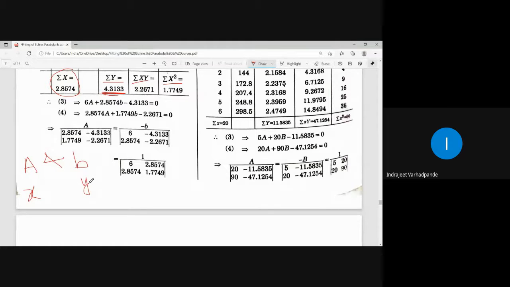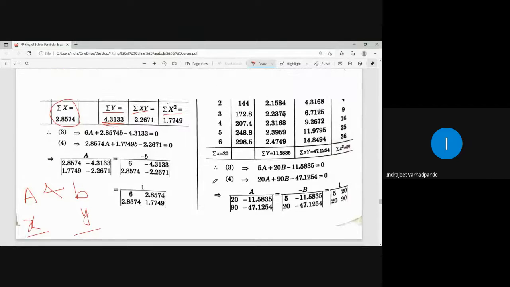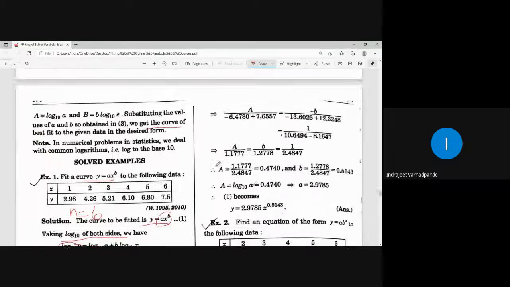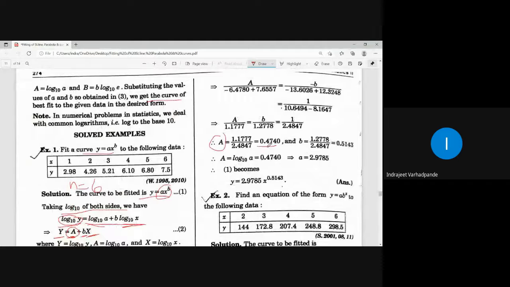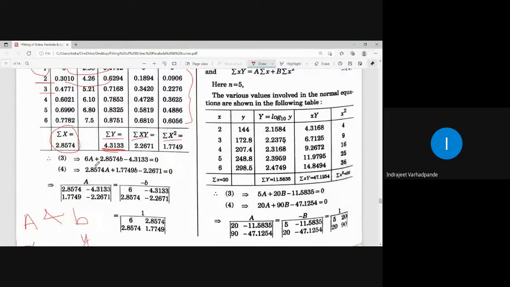So by putting in the coefficients like this, you will get the values of x and y in the calculator, which are our capital A and small b. So from the calculator, substitute the coefficients appropriately for this particular equation. What is our equation? 6A plus 2.8574b is equal to this. 2.8574A plus this b is equal to this.